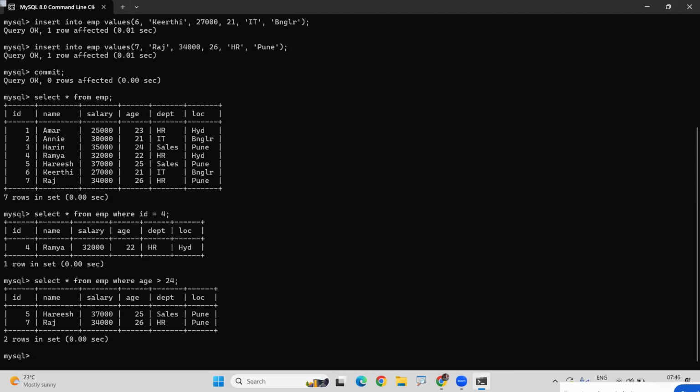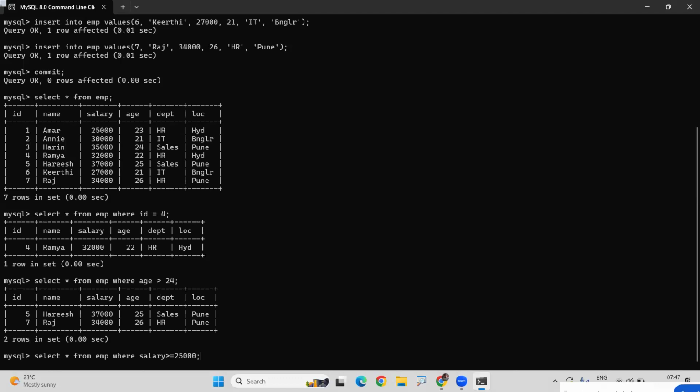Greater than 24 means what? Only two people are there, with the age 25 and 26. And next, for example, employees where salary is greater than or equals to 25,000.